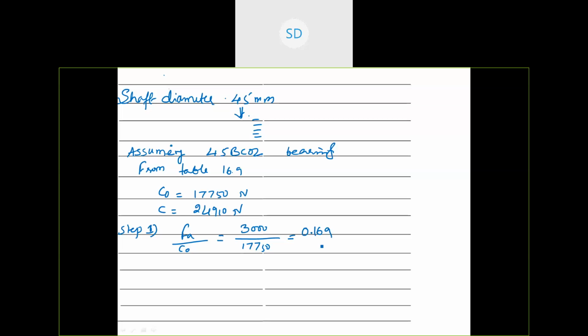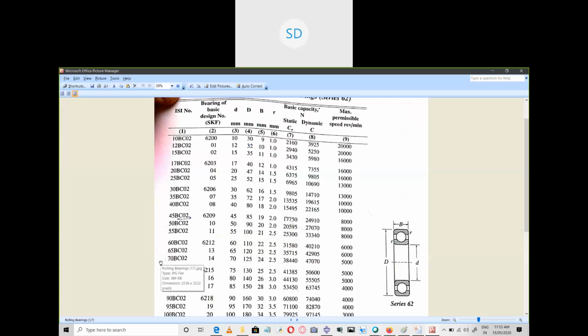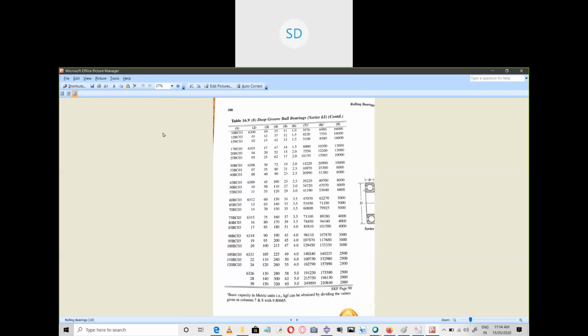Now, for this ratio, we need to find out the value of e from table number 16.3.